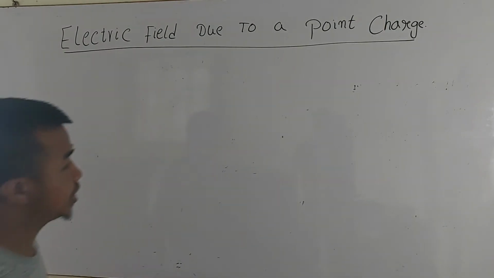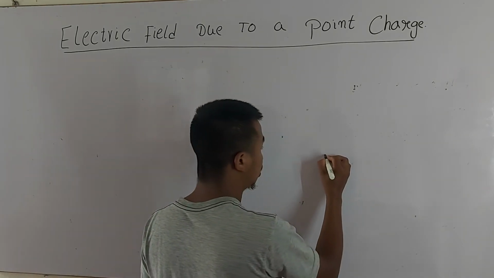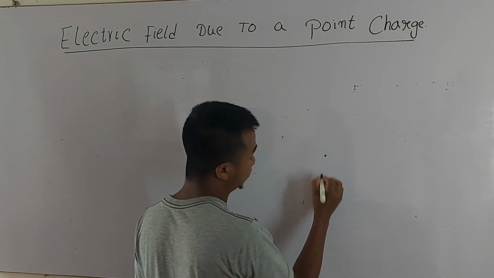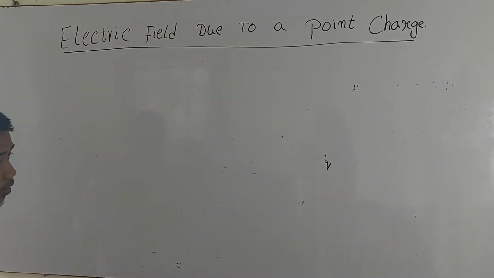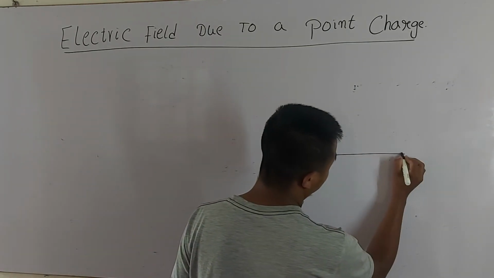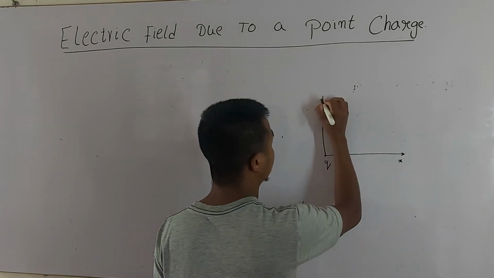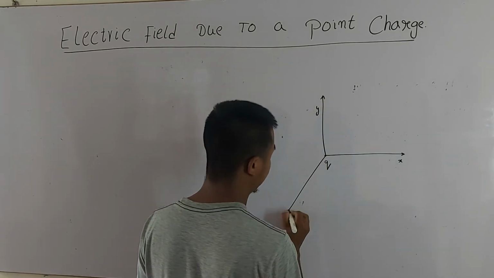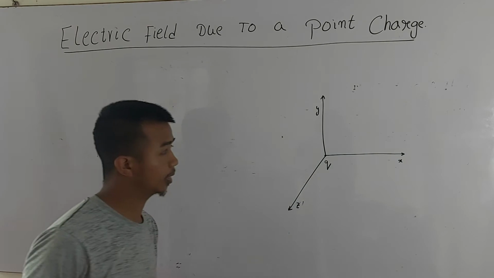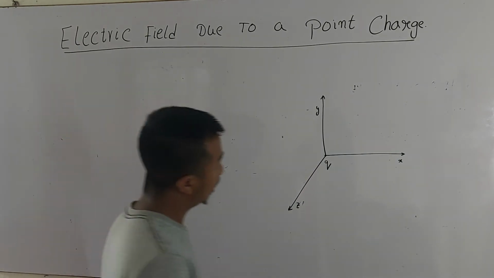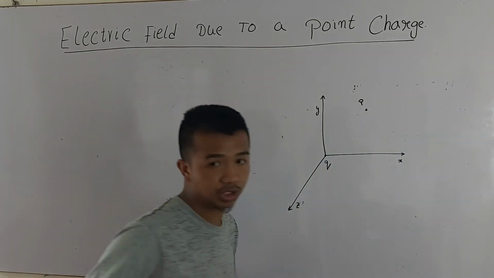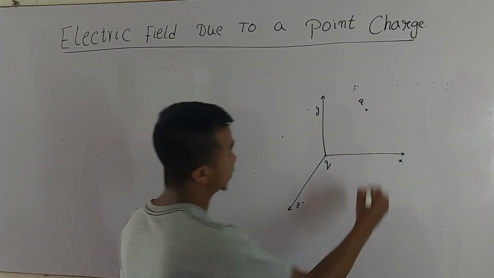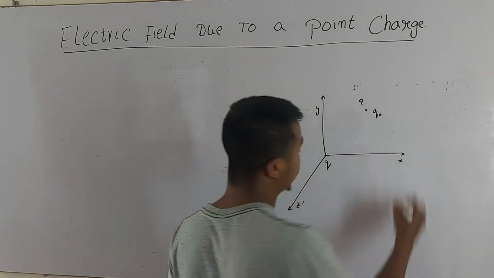So let us consider a point charge Q located at the origin. So this is the x-axis, y, and z. And somewhere at a point P in space, there is a test charge Q0.